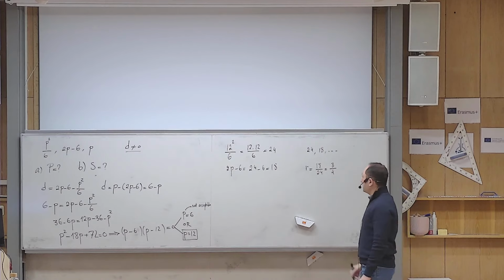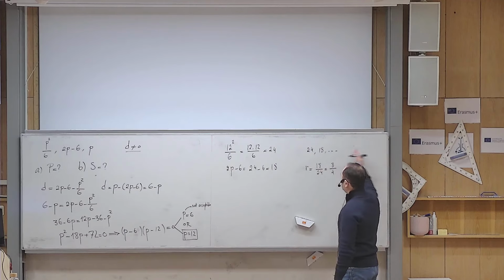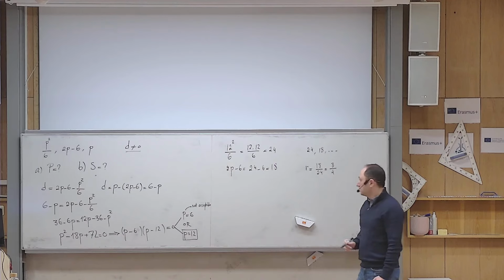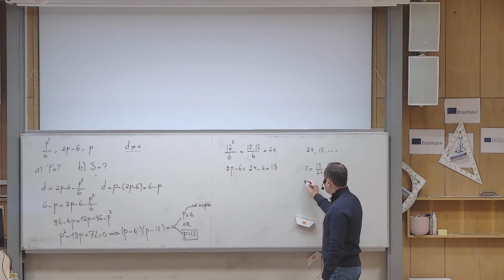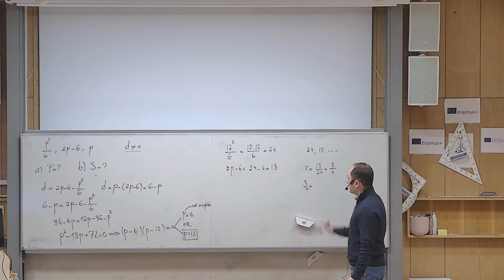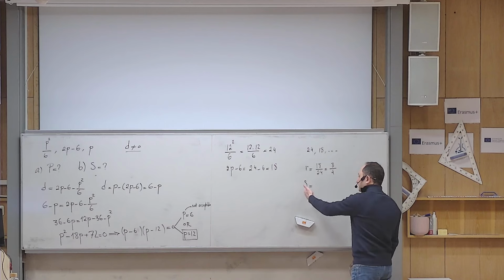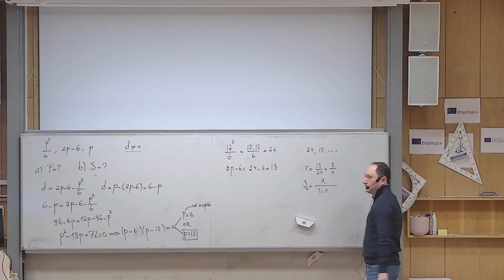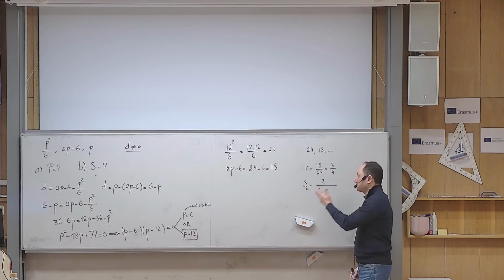I am assuming that I want to continue this geometric progression up to infinity, so I want to see how much the sum to infinity will be. The sum to infinity has this formula, and that is S, sometimes written as S infinity. The formula is the first term, let me denote it by a1, divided by 1 minus r. Of course, S infinity makes sense if the absolute value of the common ratio is less than 1, which is indeed the case.